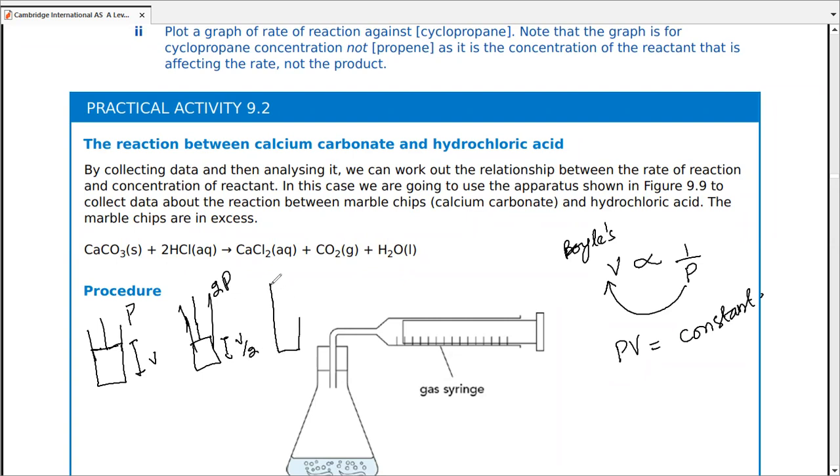And when I increase it to 3P, the V becomes V by 3. So if I take these values, PV is equal to 1, 2P multiplied by V over 2 is equal to 1, right? And 3P multiplied by V over 3 is equal to PV, you can cancel it out and again get 1.